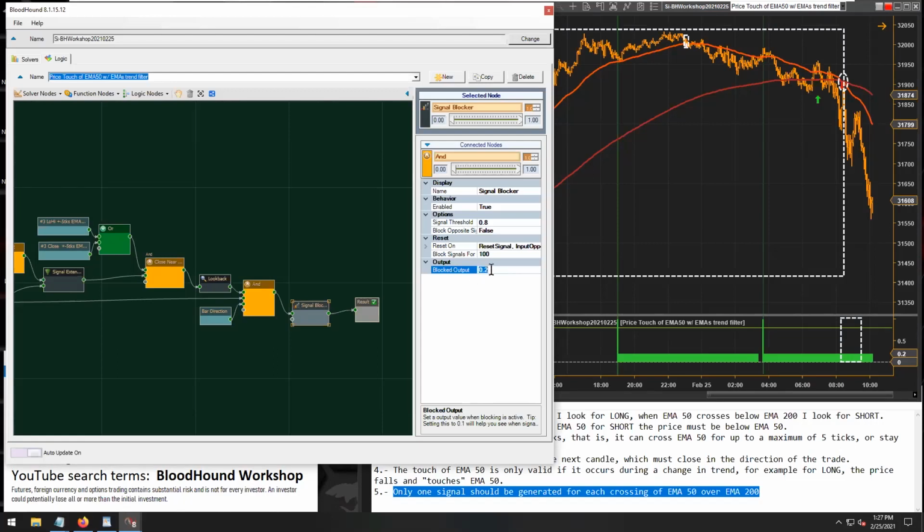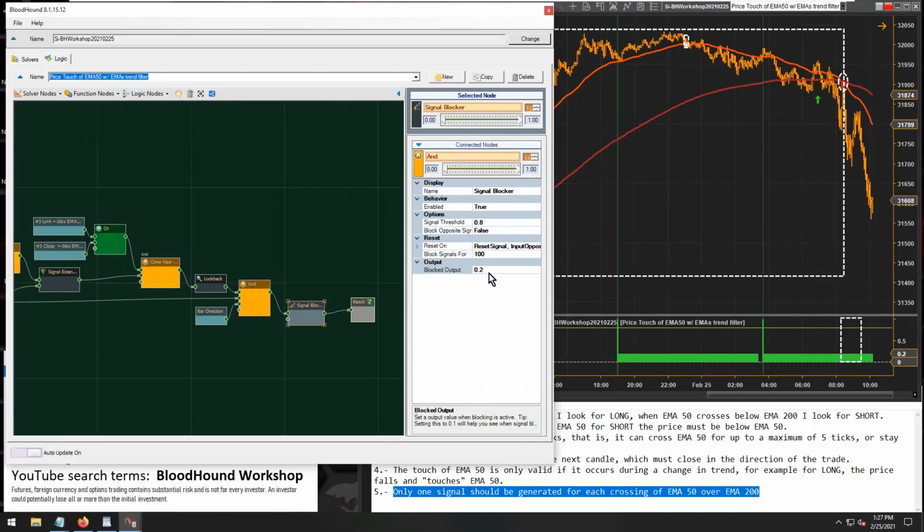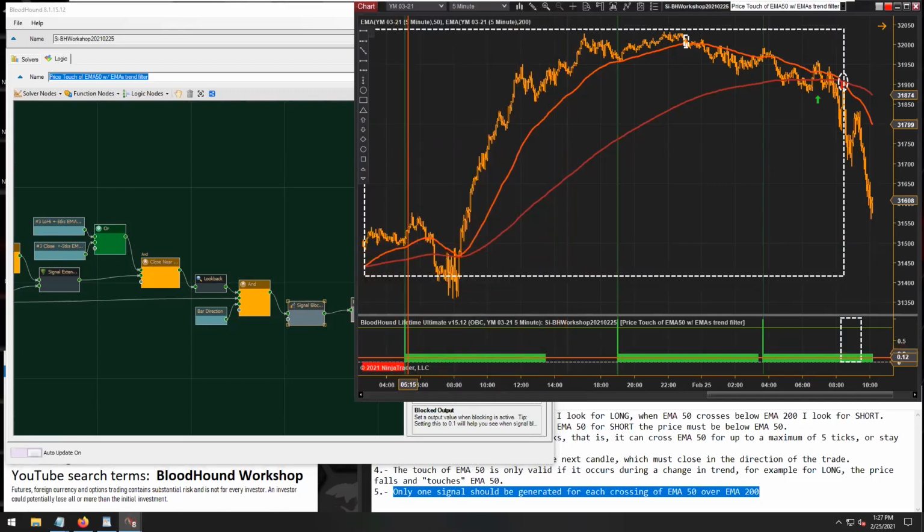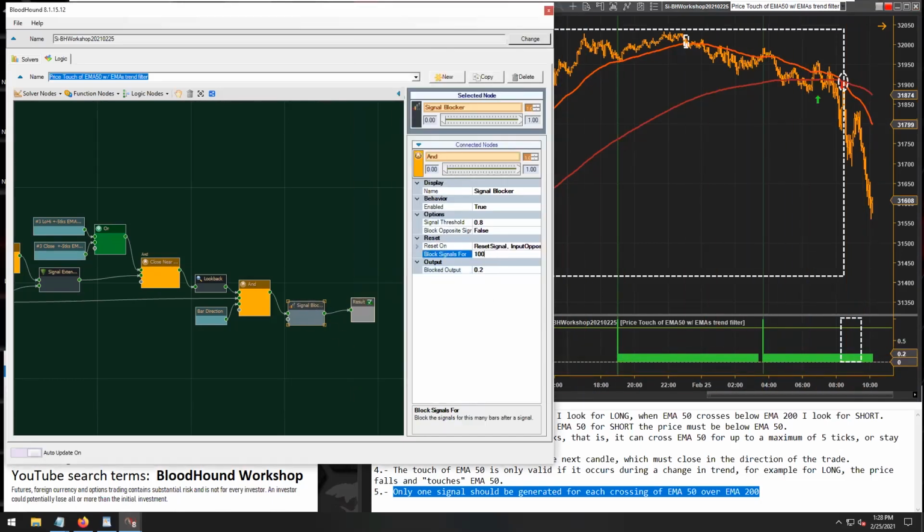This is like a debugger, so you only use this output when you're trying to debug your signal blocker. I can see how long 100 bars is, and clearly, this is over 300 bars. So the signal blocker would probably need to block for 350 bars.